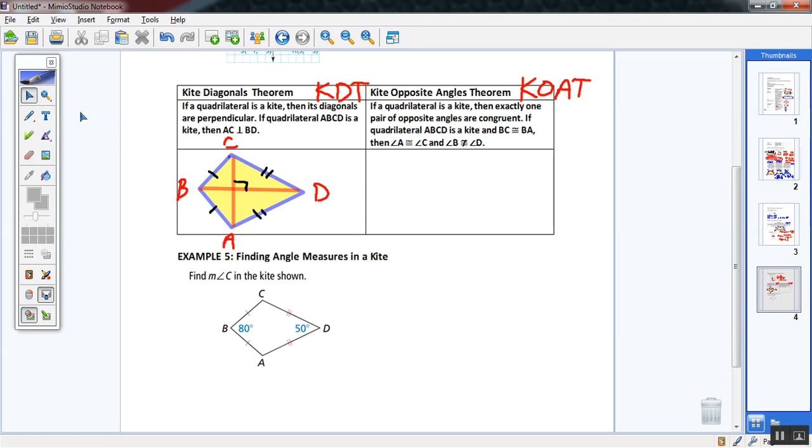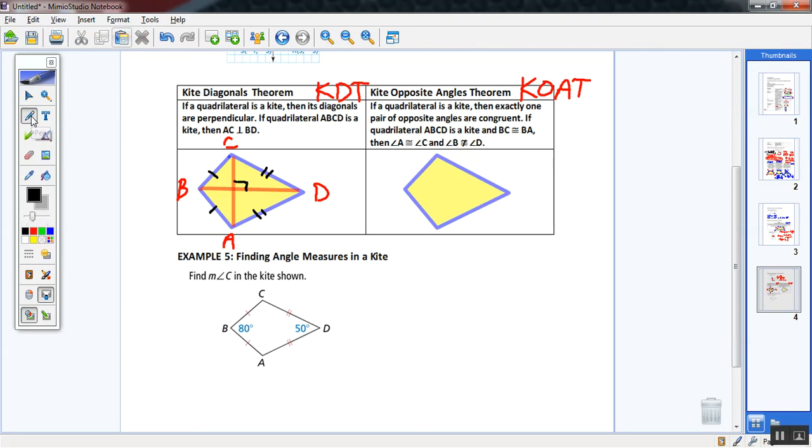And here's what this is getting at. Let me try to copy this. Okay, here's a kite again, kids.